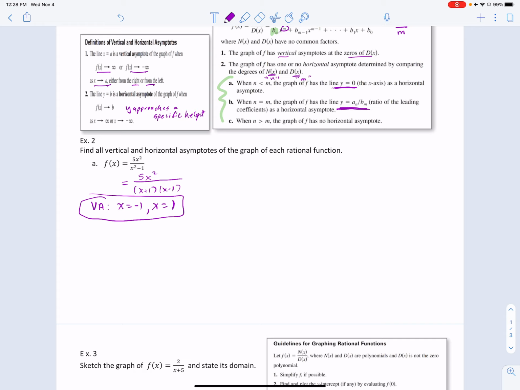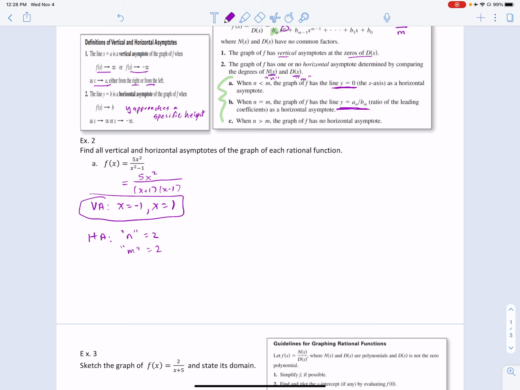And then for horizontal asymptotes, notice that the degrees of the numerator and denominator are the same. The degree of the numerator, n, is 2, and the degree of the denominator, which is m, is also 2.